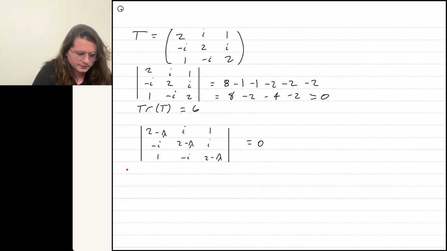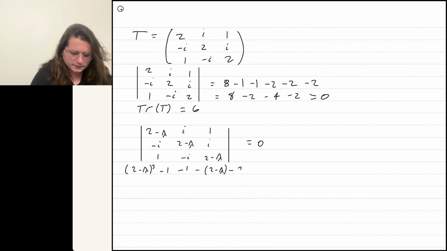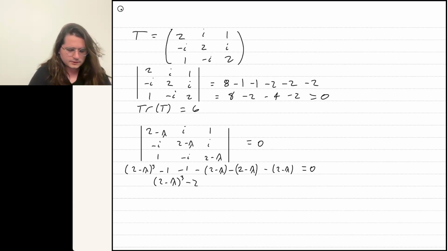And that determinant is looking like (2 minus lambda) to the third, minus 1, minus 1, and then minus (2 minus lambda), also minus (2 minus lambda), also minus (2 minus lambda). So it looks like the equation is (2 minus lambda) cubed minus 2 minus 3 times (2 minus lambda).